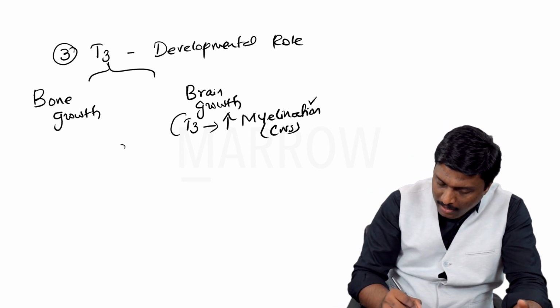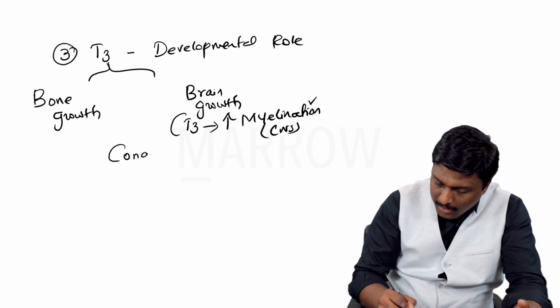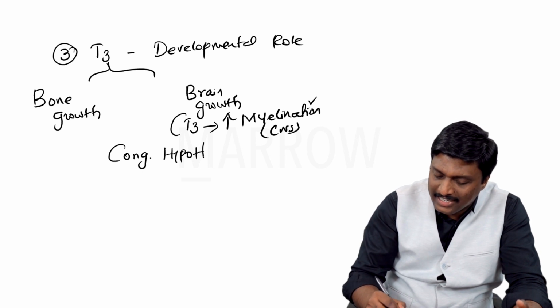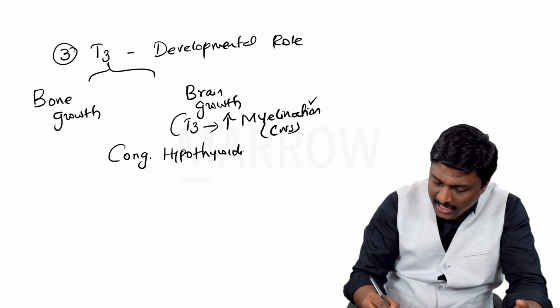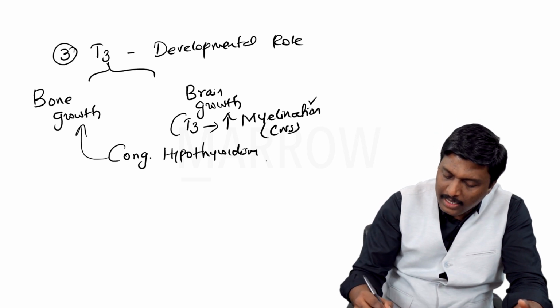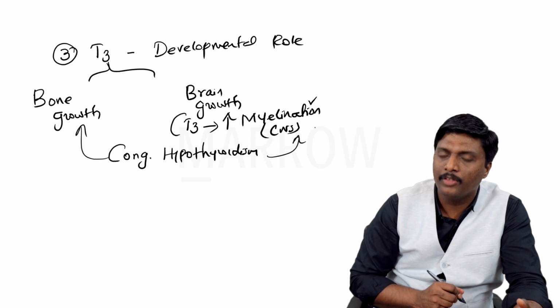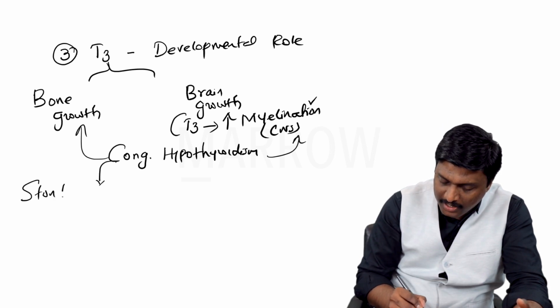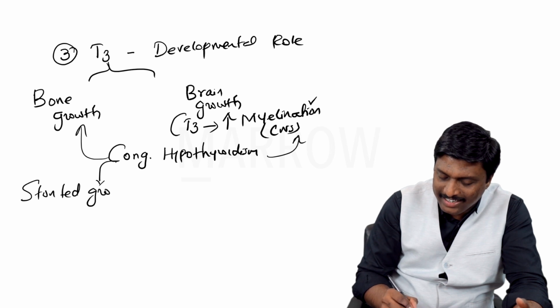Always remember, whenever you come across infants or kids suffering from congenital hypothyroidism, both these functions will invariably be affected. The first important thing you are definitely going to see in them is stunted growth.